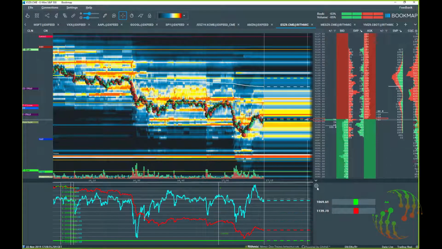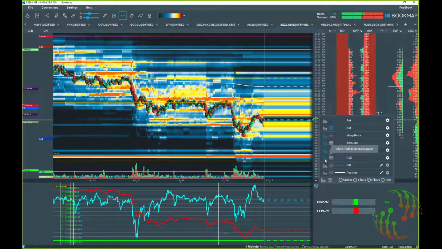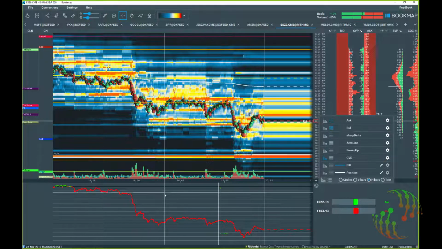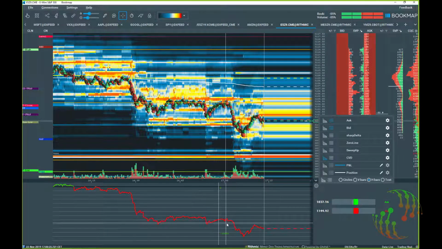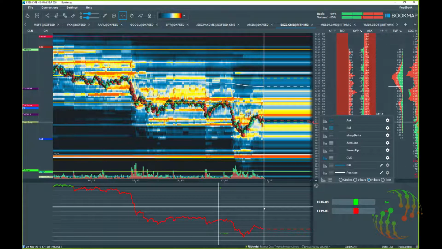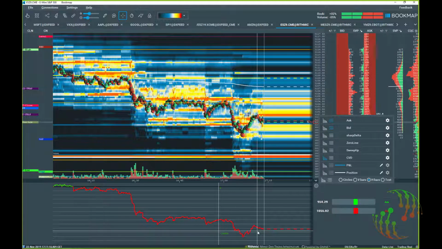Let me show you only the CVD here. So this is the CVD, the cumulative volume delta. And this is the very basic one because it is based on simple calculations of buying minus selling.